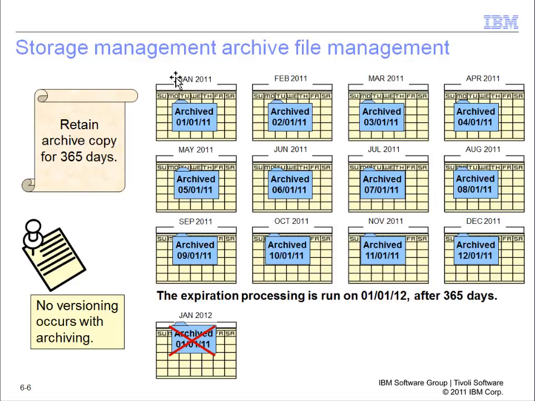Beginning the next year, this file that was archived on 1/1/11 will be eligible for expiration processing because it has been 365 days. On February 2012, this file, February 2011, would be eligible for expiration, and so on.